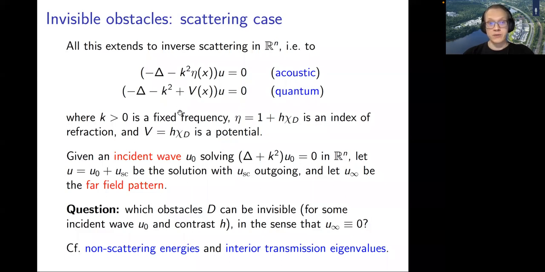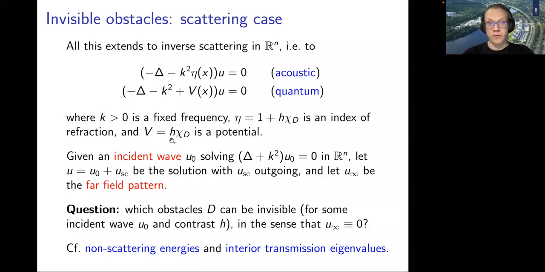Here k is a fixed frequency, and eta is an index of refraction, assumed to be 1 outside of the obstacle D, and it jumps on the boundary of D. And this capital V is of the form H times chi_D, where H is non-zero at the boundary of D.